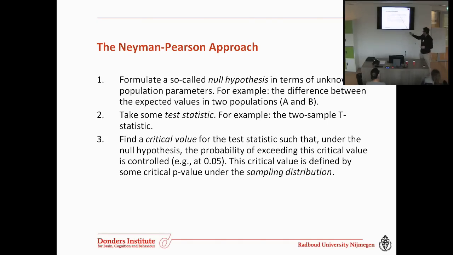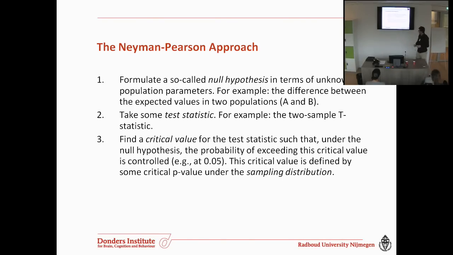So you formulate your null hypothesis, and then you take some test statistic. I'm not going to say a lot about this at the moment, how you have to choose your test statistic, but there are ways to select the test statistic, and the most familiar one is the two-sample t-statistic. That's the one that you use if you want to evaluate a null hypothesis of equal means in two conditions, two populations.